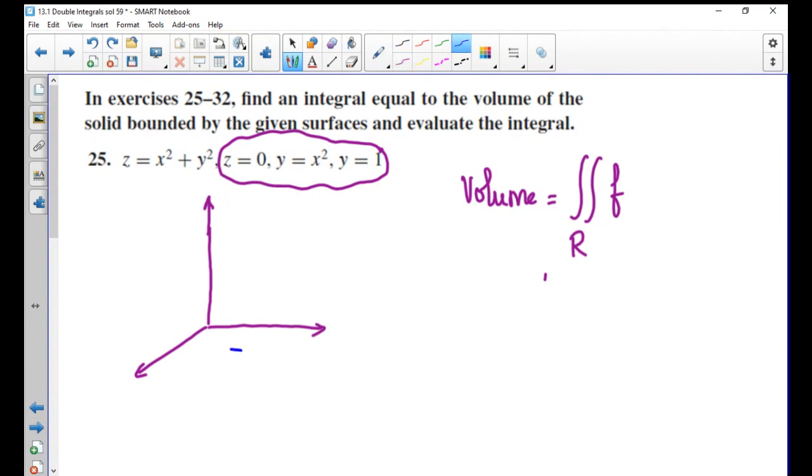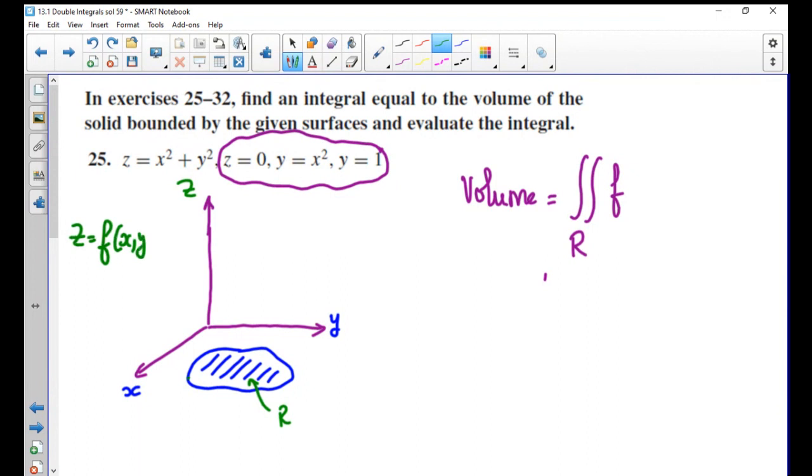Imagine you have a region R in the XY plane, and in this region R, you have a function defined f of x y. So you have a function z equal to f of x y. Its graph is going to be a surface like this.